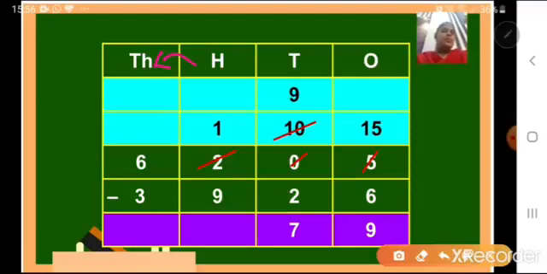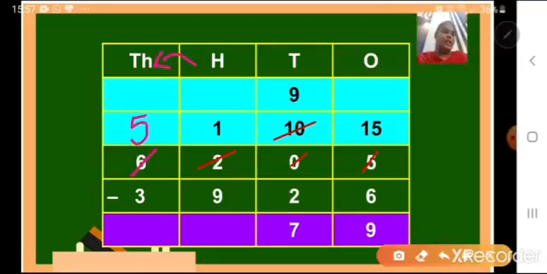Because we cannot subtract 1 minus 9. So 1 will go to 6,000s. From 6,000 we will get 1,000. So 6,000 minus 1,000 is 5,000. So 6 minus 1 is 5. I will cut 6 and I will write 5.